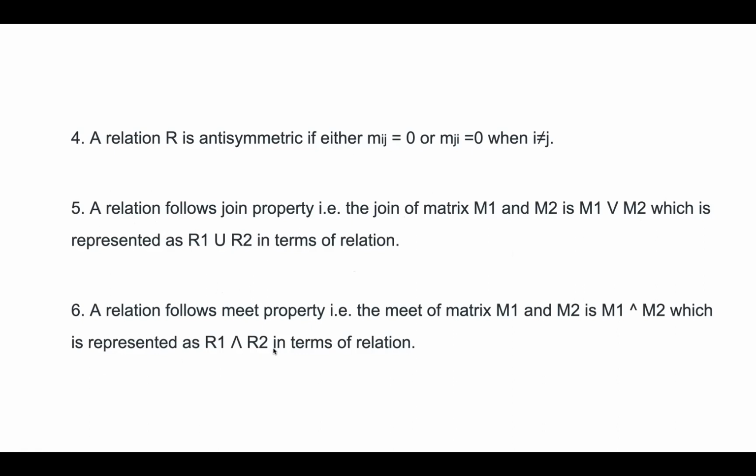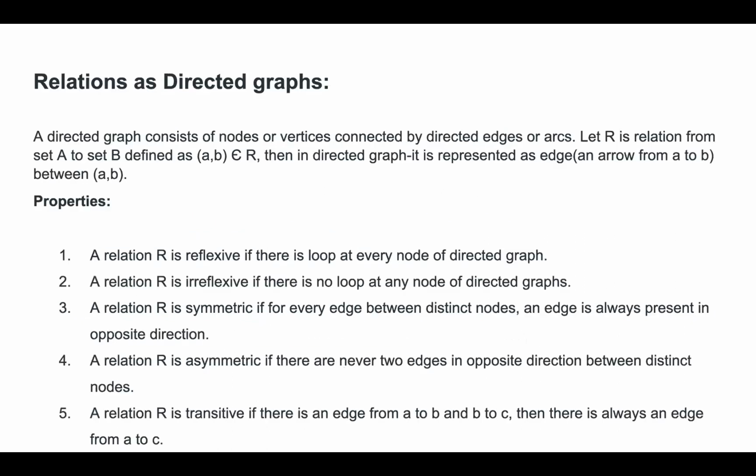A relation follows meet property, that is the meet of matrices M1 and M2 is M1 AND M2, which is represented as R1 intersection R2 in terms of relation. Okay, join property and meet property both are explained here.